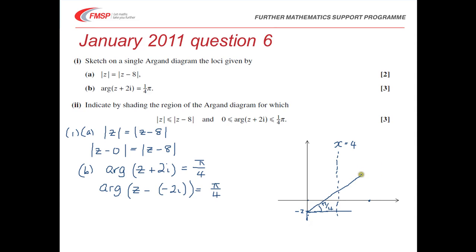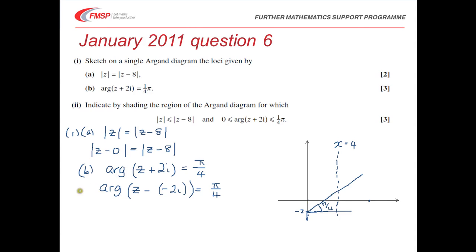So this is the line that we need. It needs to start at negative 2 and make an angle of pi over 4 with the positive x-axis, the positive real axis.